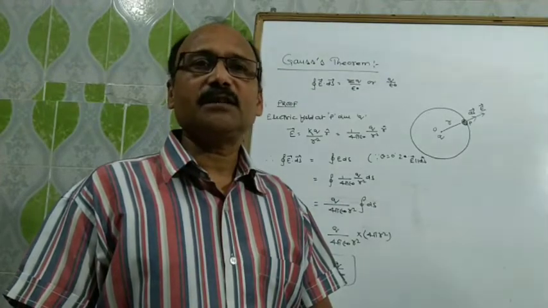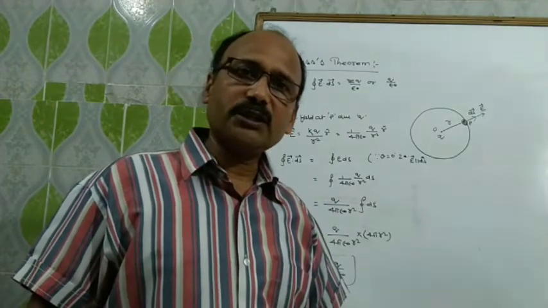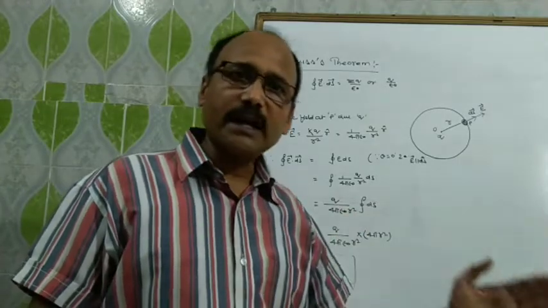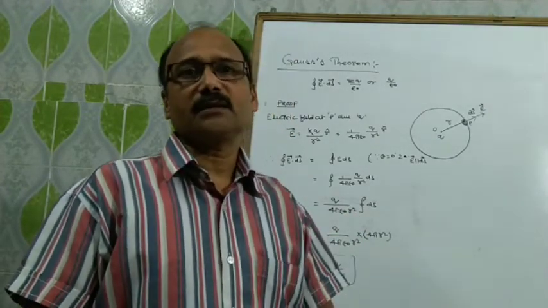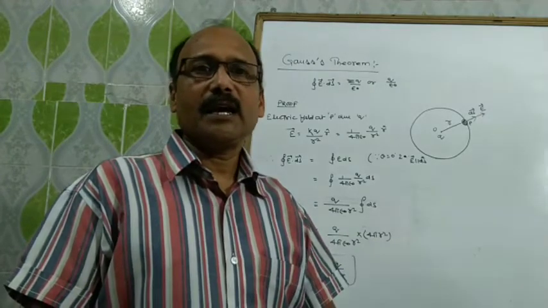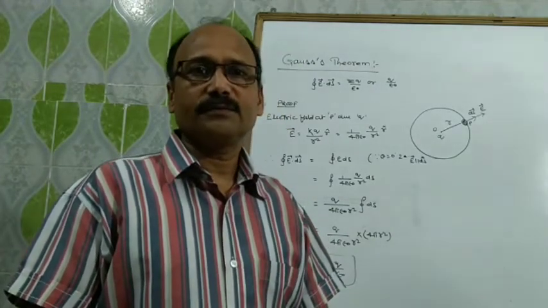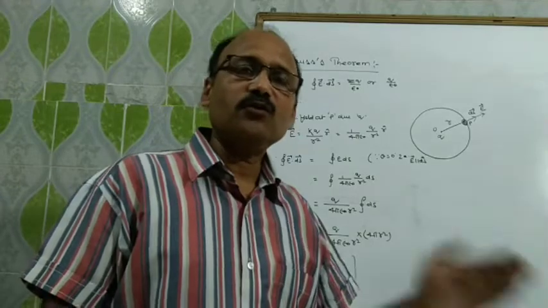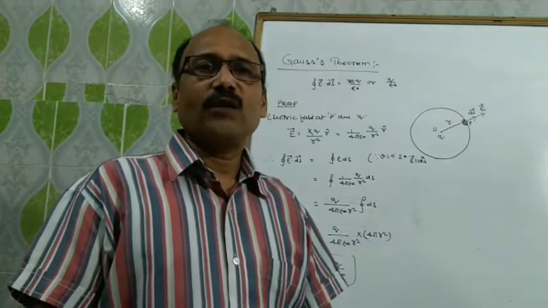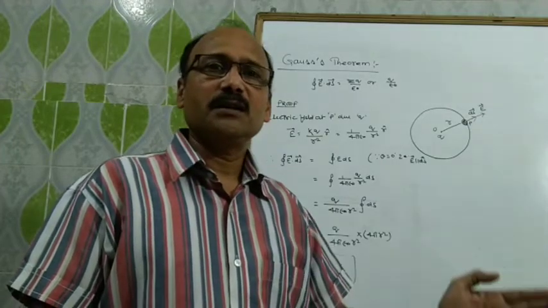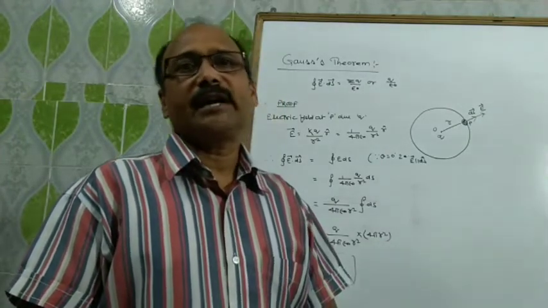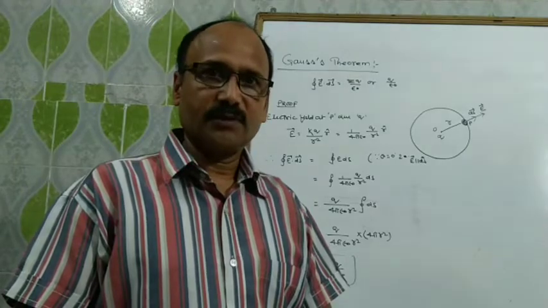I repeat this statement. According to this theorem, the total electric flux through a closed surface in air or vacuum is equal to 1 upon epsilon naught times the total charge enclosed by that surface.